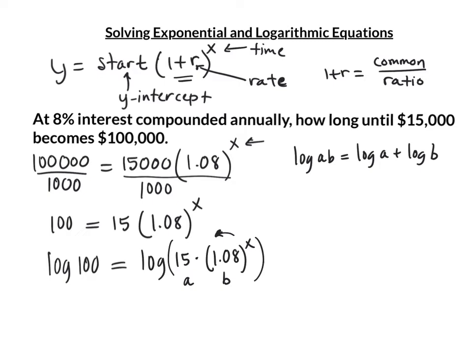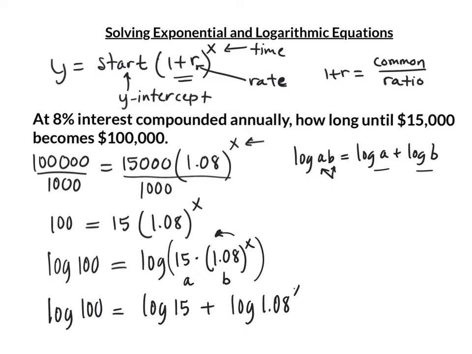In order to bring the x down, I need to split up these two pieces because I have two things multiplied. In other words, I got to turn this into the log of 100 equals the log of 15 plus the log of 1.08 to the power of x. Now I can bring this down.